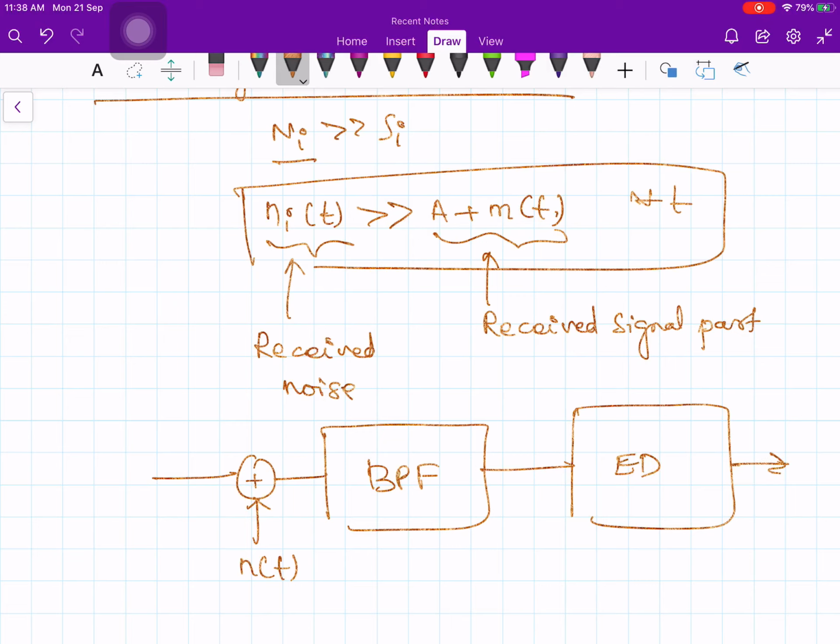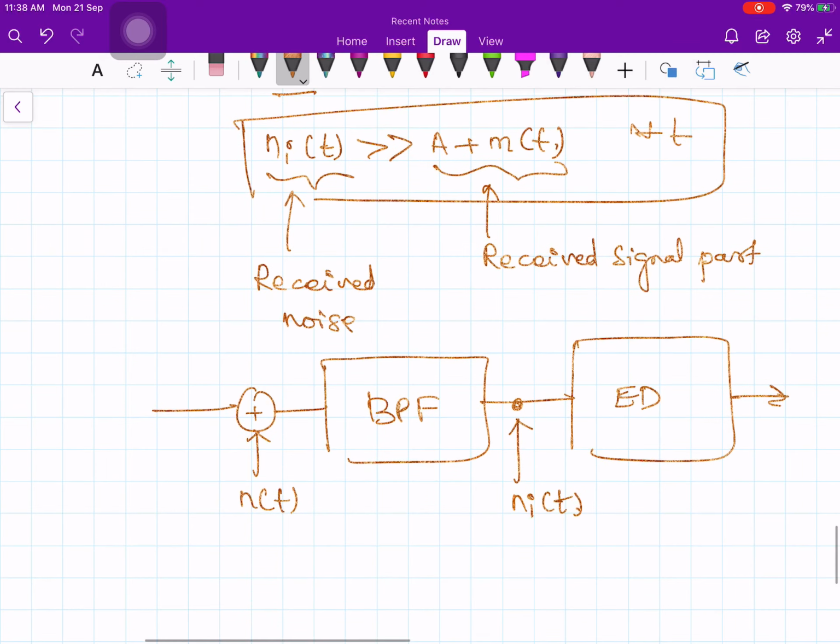At this point you have Ni of t. This Ni of t is the narrow band Gaussian noise, and this one is white Gaussian noise.